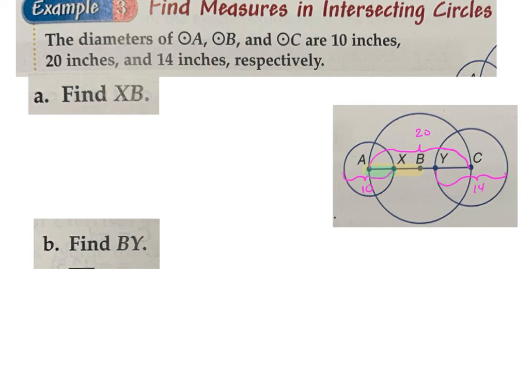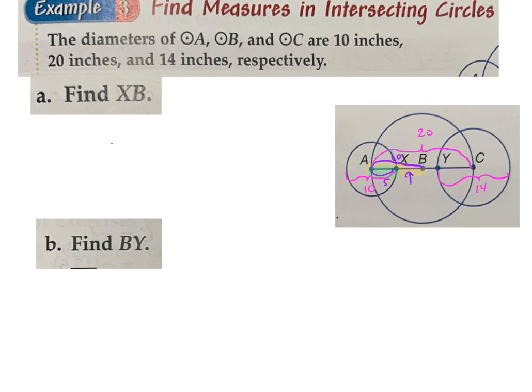So I now can figure out that I have 10 right here, 10 right here, and 5 right here. That leaves this piece. What do I do to find that little piece? Subtract. So 10 minus 5, that length should be 5. Make sense? When they give you groups, you're going to label what you have and figure out what you're looking for. Look at the next one.